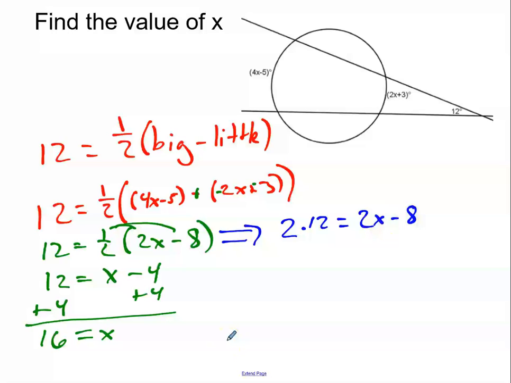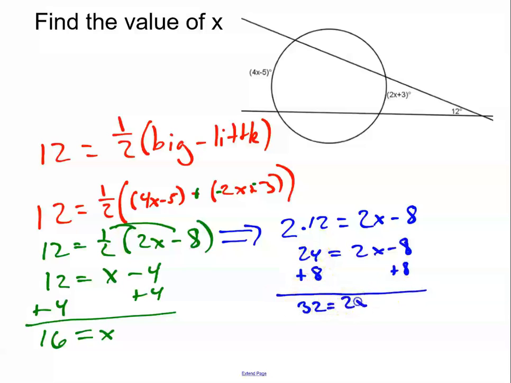And that is perfectly acceptable. You get 24 equals 2x minus 8. Oops, sorry, that's not a very good 8. And then add 8. 24 plus 8 is 32. But then you'll notice when you divide by 2, you still get 16. So just an alternate way.